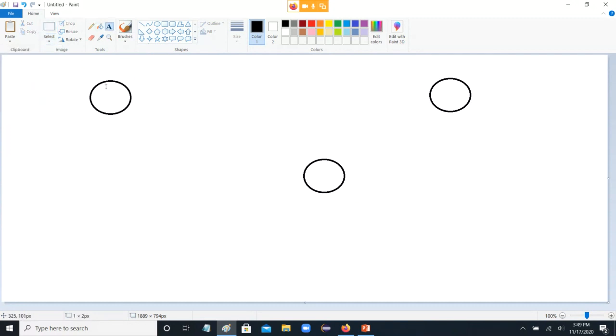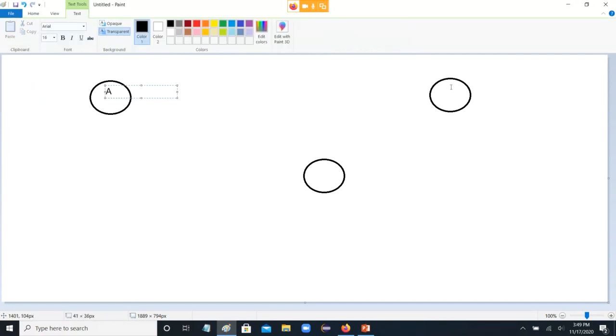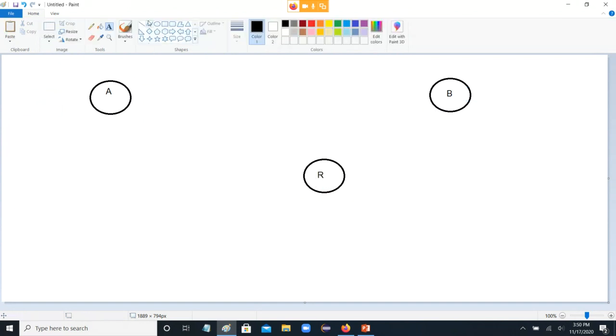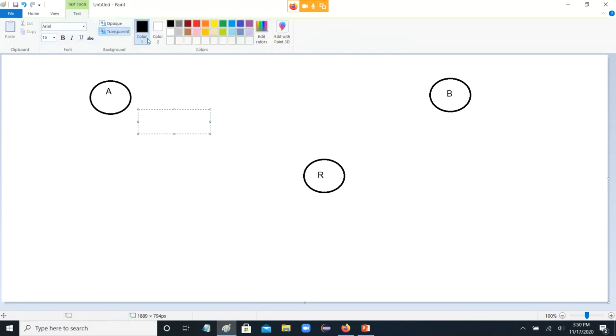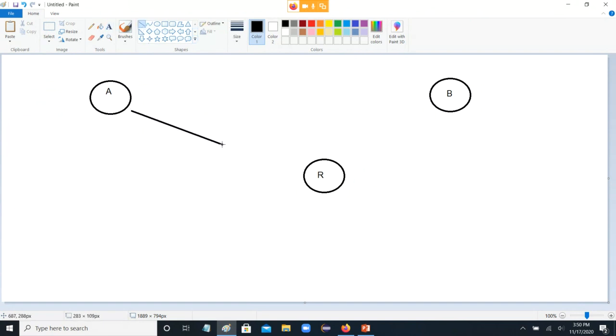Here's A, here's B, here's R, okay? And they're both trying to transmit. A and B both transmitting to R.